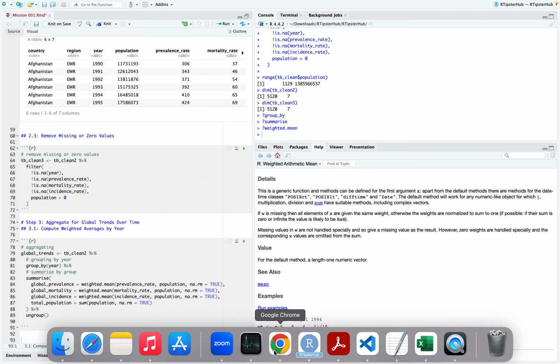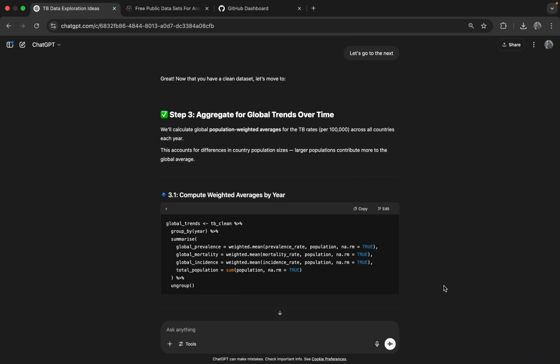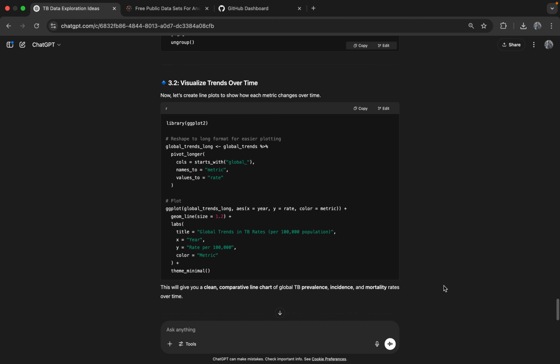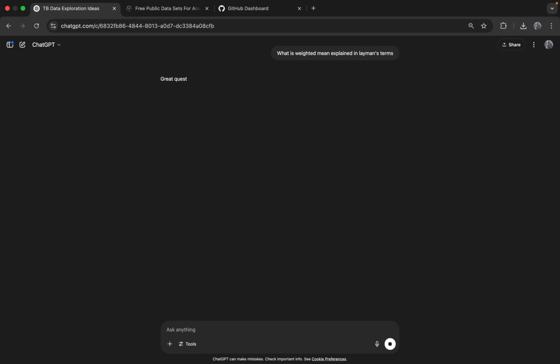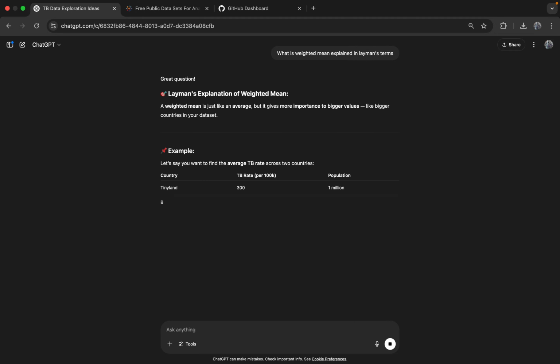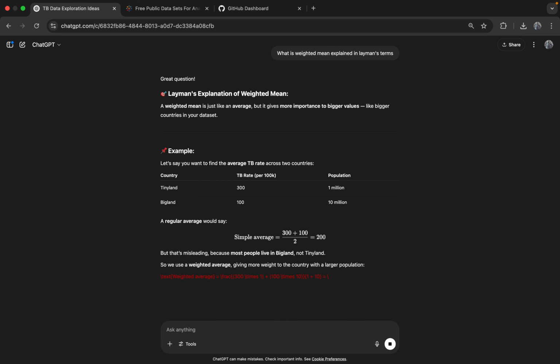Okay, let's ask ChatGPT: what is weighted mean explained in layman's terms? A weighted mean is just like an average, but it gives more importance to bigger values, like bigger countries in your data set.